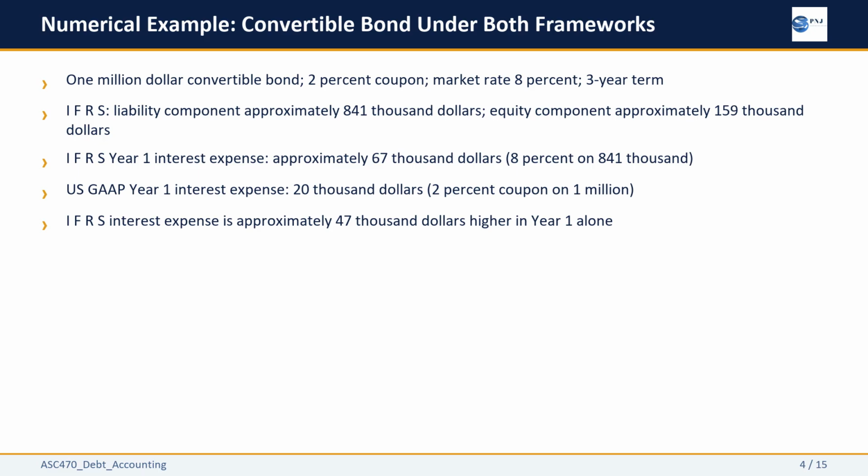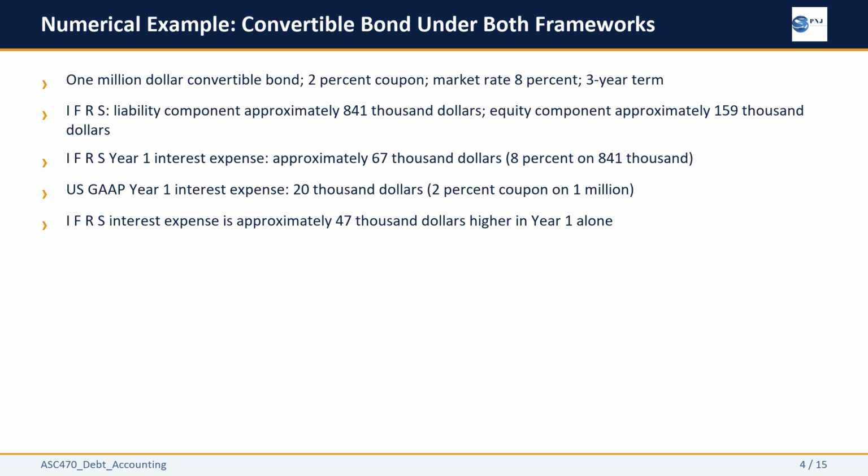Year 1 interest expense under IFRS is 8% on $841,000, which is approximately $67,000. Under US GAAP, interest expense is simply 2% on $1 million, that is $20,000. The gap in year 1 alone is roughly $47,000.